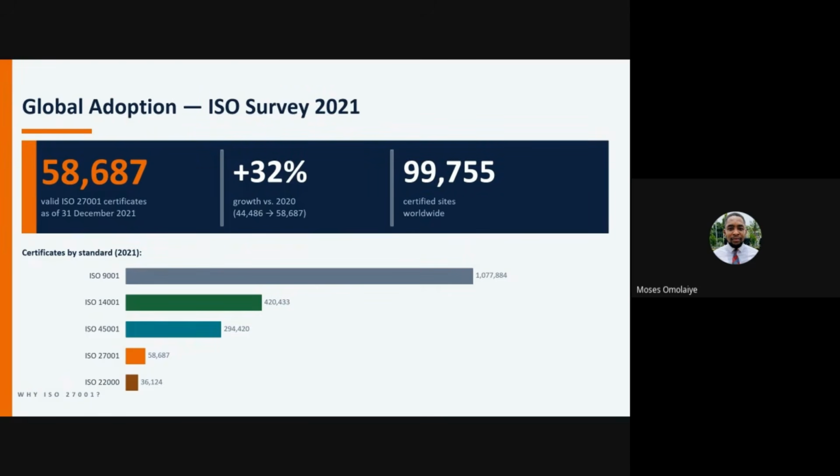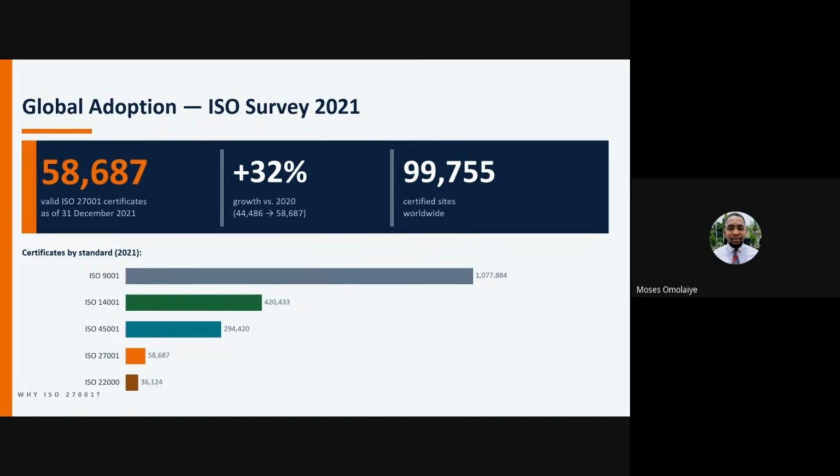So we had over 1 million organizations certified to quality management, which is 9001. We can see other ones. So our focus is ISO 27001. Now, between 2020 and 2021, you can see the growth. In 2020, we had about 44,486 organizations certified.